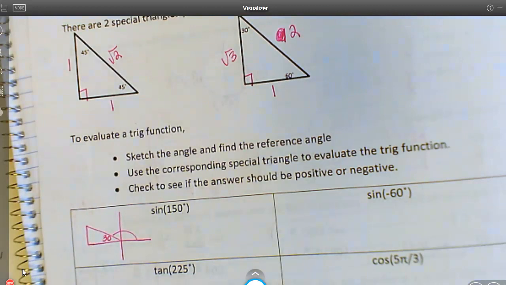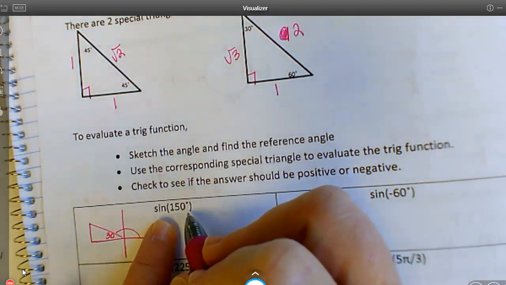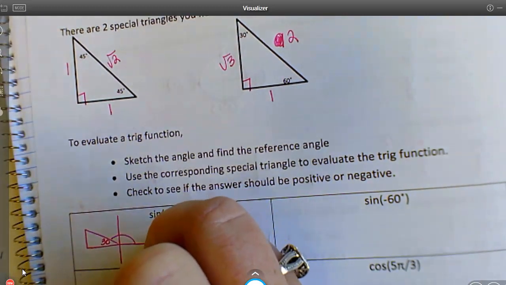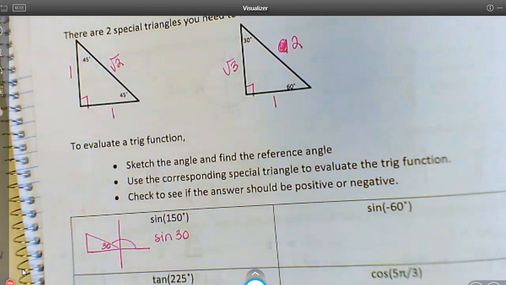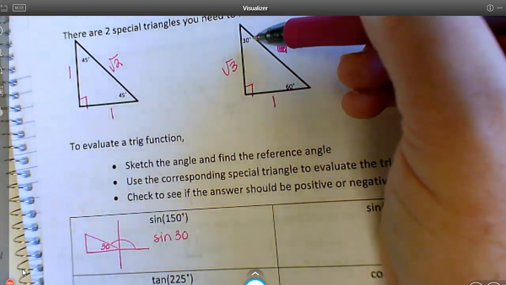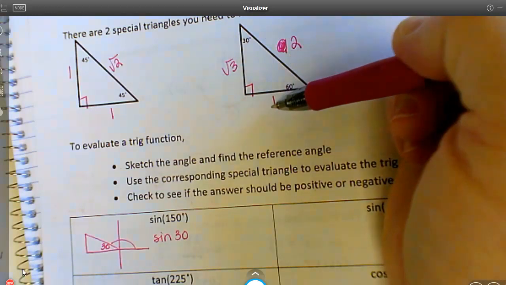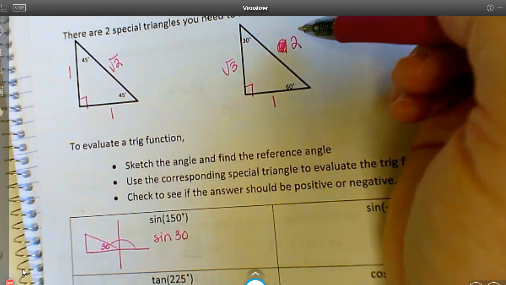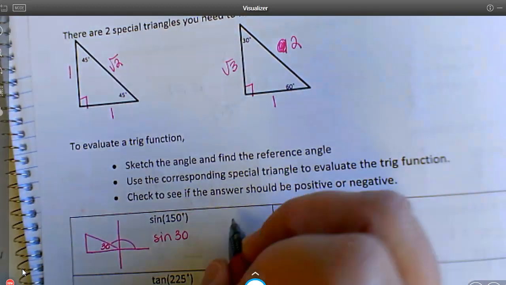And some rules about trig is that if you know sine of 150, then we're going to figure out sine of 30 because 30 is its reference angle. And they're almost the same. So if I go to 30, what is sine of 30? Opposite over hypotenuse. 1 over 2.